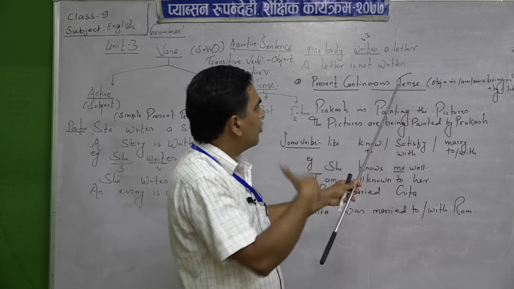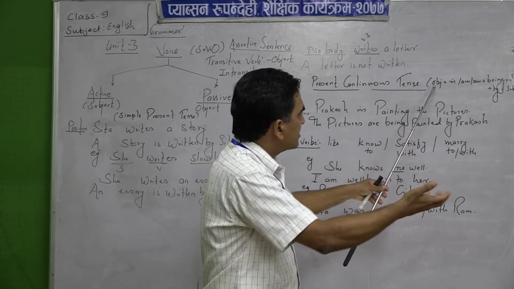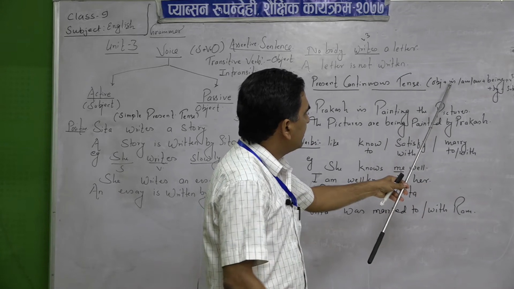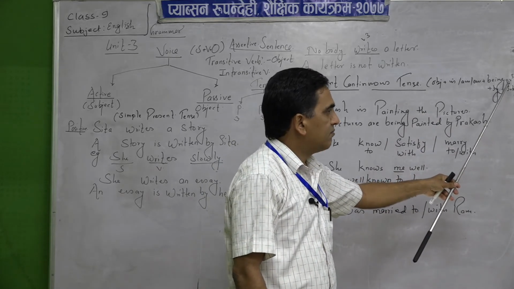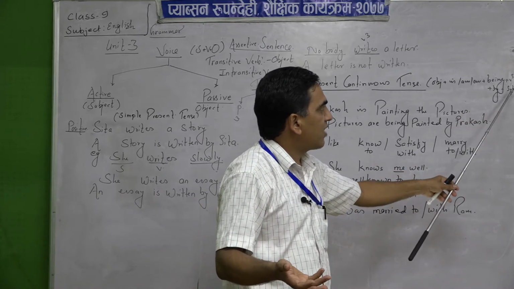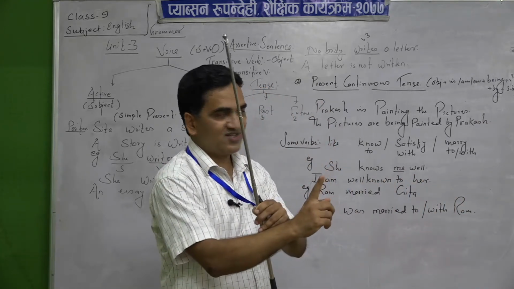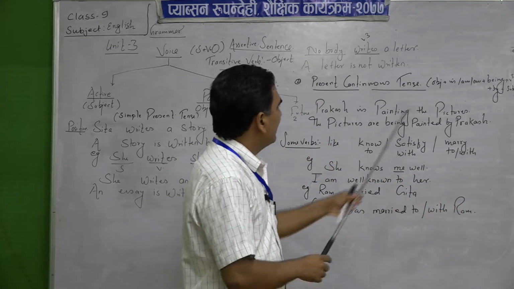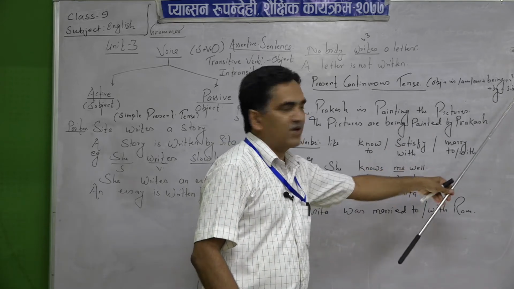But while changing to passive, we must see: first of all, the object, then is/am/are plus being plus B3, the past participle, then by plus the subject, interchanged. Now, my dear students: object plus is/am/are being plus B3 by plus subject.